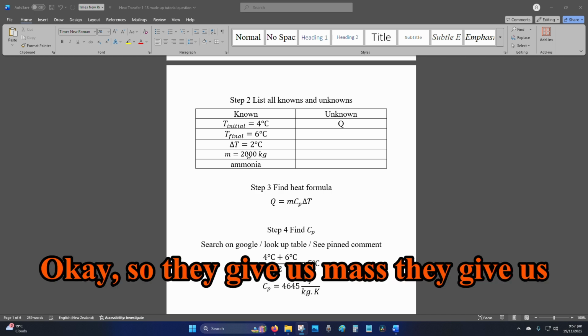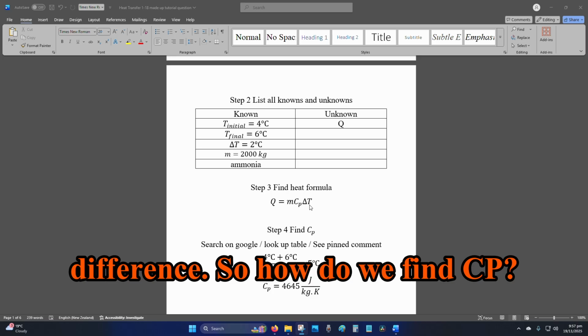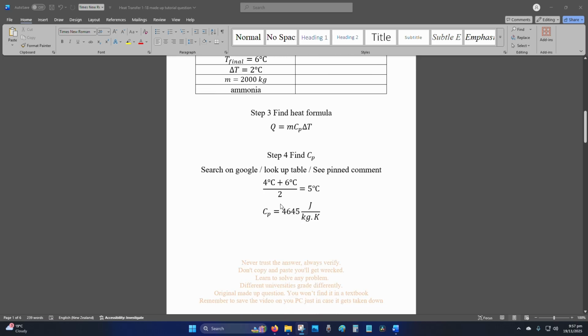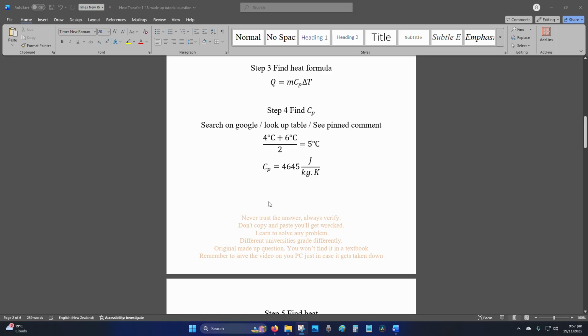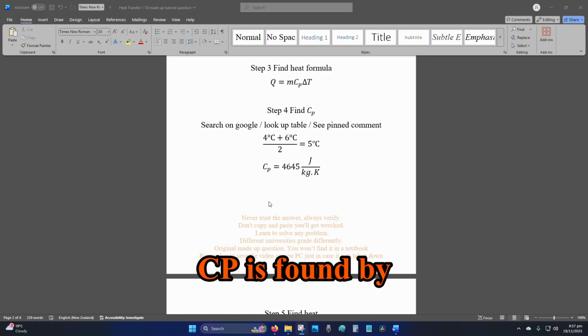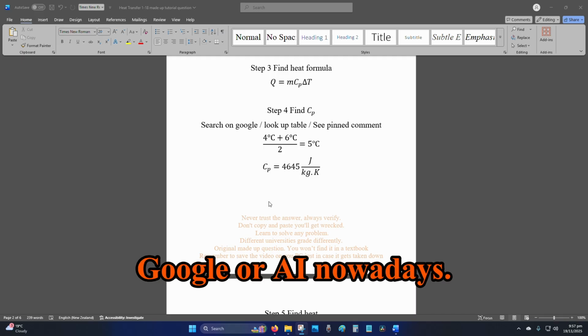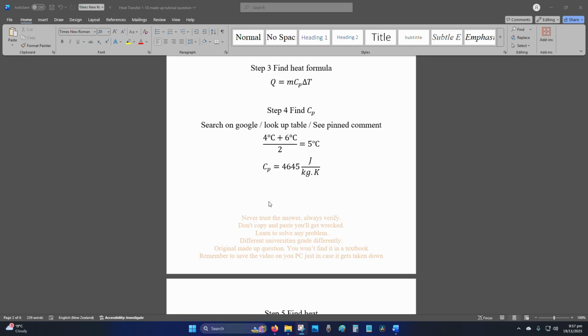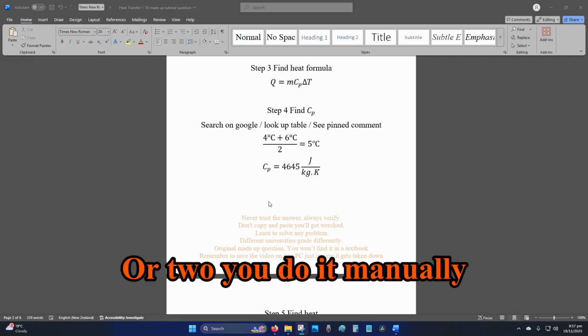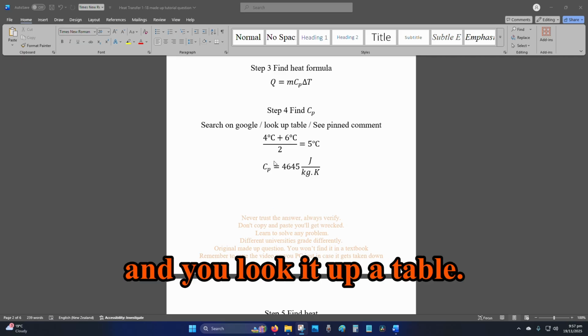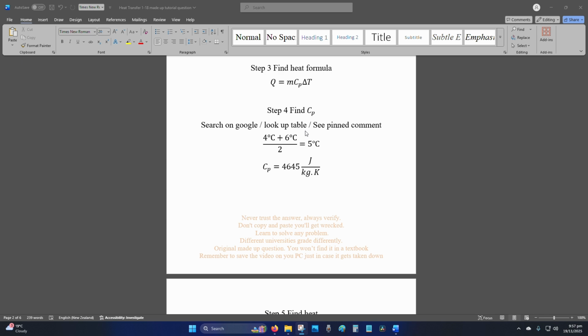Okay, so they give us mass, they give us the temperature difference. So how do we find Cp? Cp is found by two methods. One, you can search it up on Google or AI nowadays, or two, you do it manually and you look it up in a table.